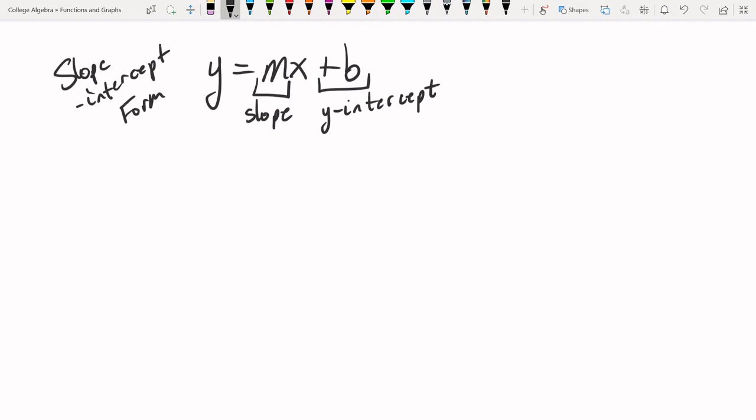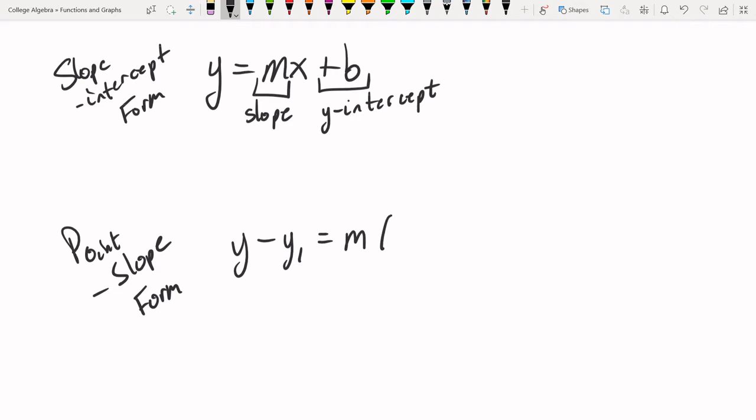The point-slope form is y minus y1 equals m times x minus x1.